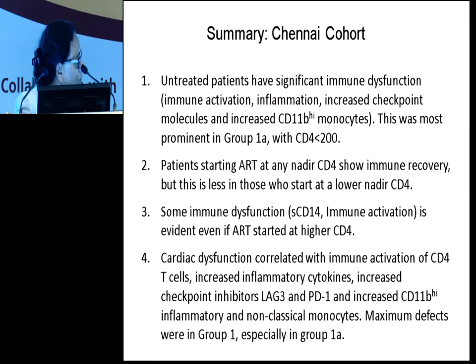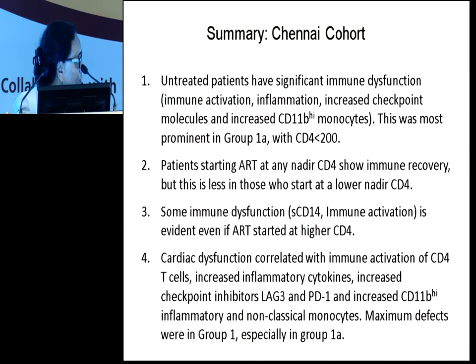So in summary, for the Chennai cohort, untreated patients have significant immune dysfunction, immune activation, inflammation, increased checkpoint molecules, and increased CD11b high monocytes. This was most prominent in group 1A with CD4 less than 200. Patients starting ART at any nadir showed immune recovery, but this was less in those who started at lower nadir CD4.